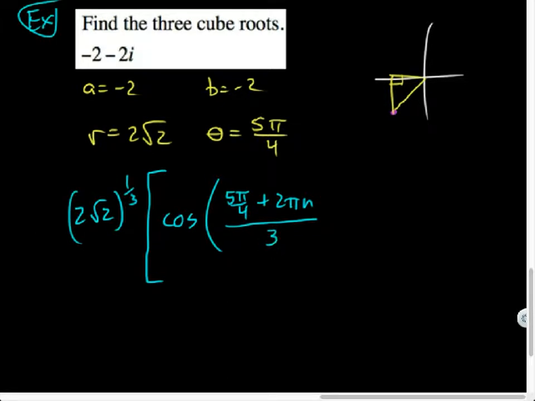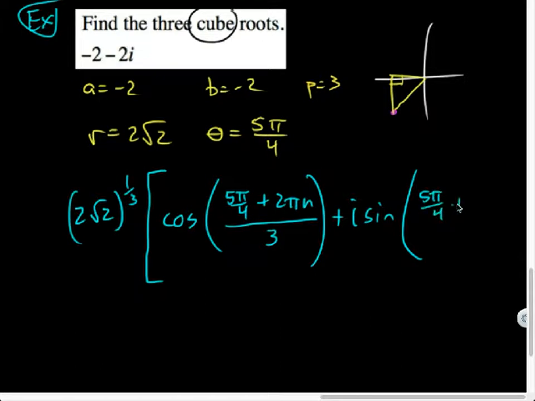I guess I should have defined what my p was here too. p equals 3 based off of this, right? Cube roots, or the 1/3 power, if you want to think about it that way. And then plus i times the sine of the same thing, (5 pi over 4 plus 2 pi n) all over 3.